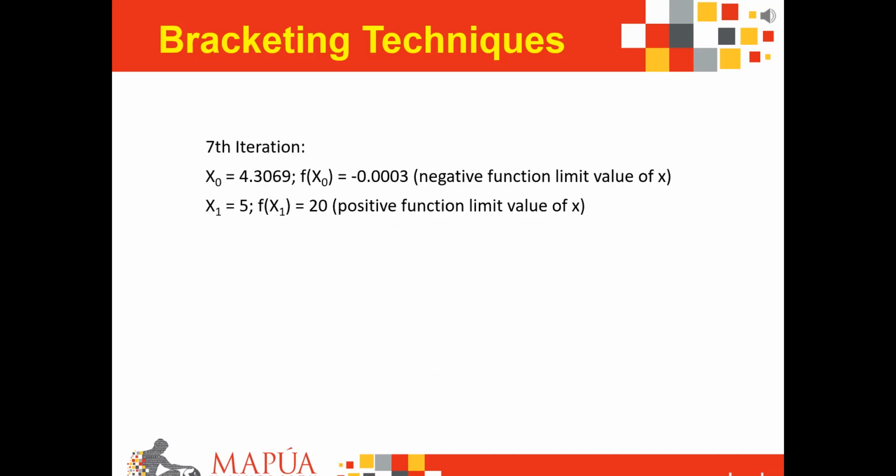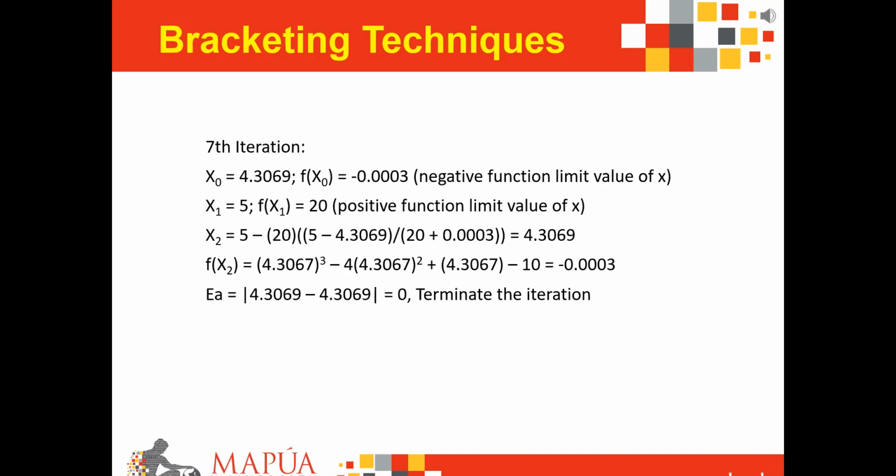So on the 7th iteration, we end up with these values for x0 and x1. Note that these values still satisfy your bracketing condition. Hence, solving for your root, you'd end up with this solution, ending up with a final value equal to 4.3069 for your x2 again. Thus, your function f(x2) would simply be, again, negative 0.0003 and an absolute error value of 0.